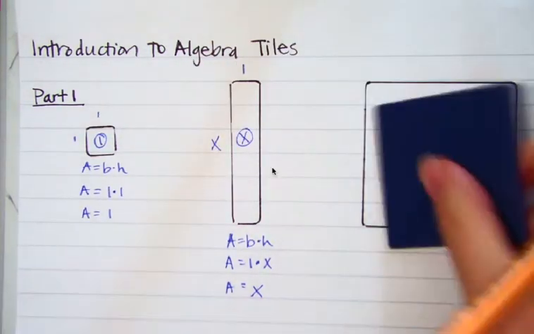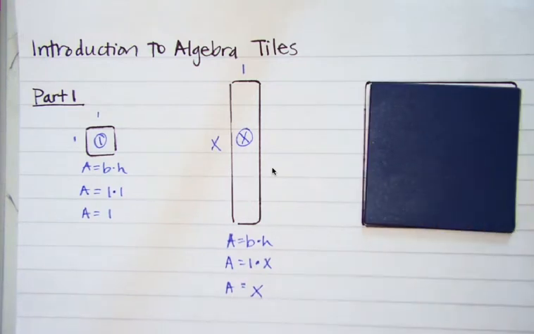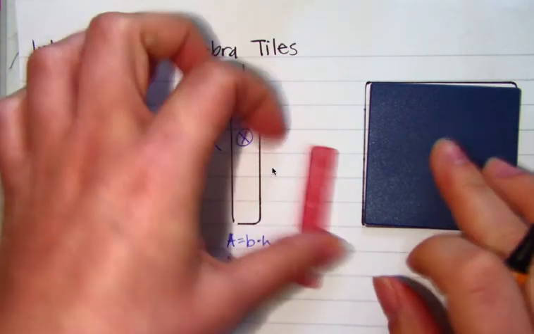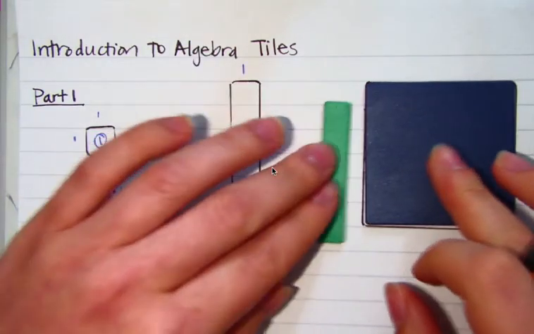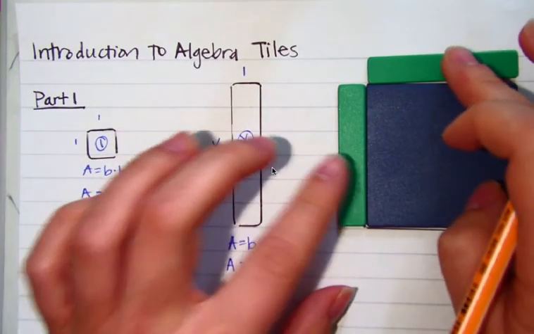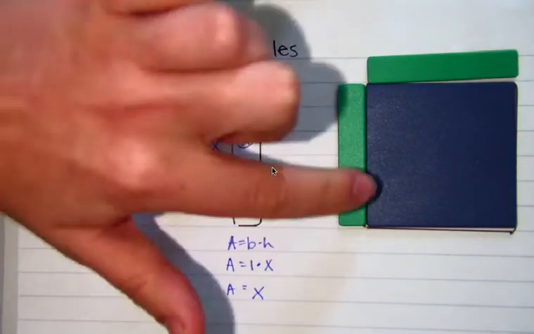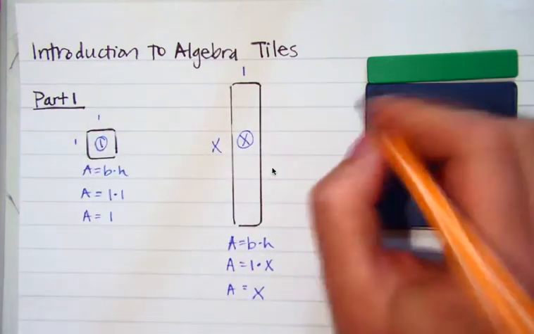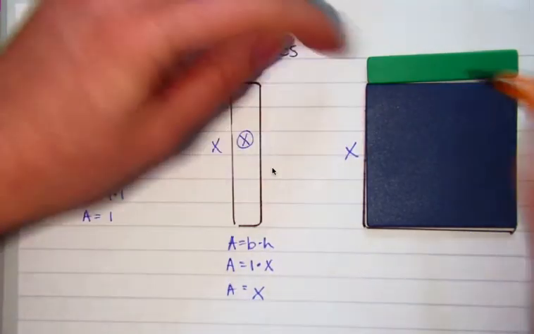Now when you have this big square right here, you can do the same thing we did here and try to line up the sides of the rectangles, and you'll see that they match up perfectly. So that means this length right here is actually x, and so is this length right here.